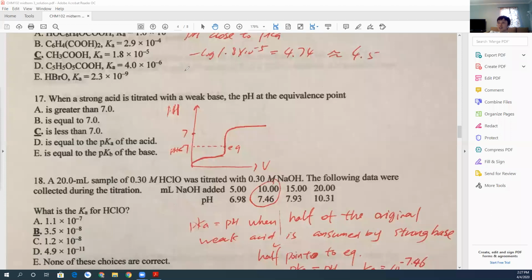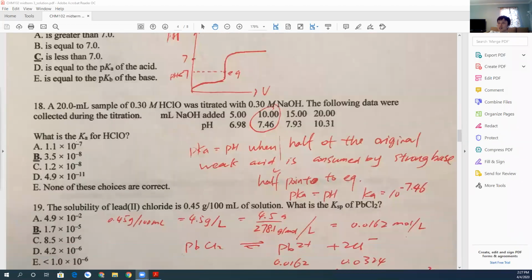Number 18. You have this weak acid, free chlorine, and you titrate that with a strong base. The concentration of the weak acid and the strong base is the same. Remember, in this case there's a very special point. Actually, let me draw it.